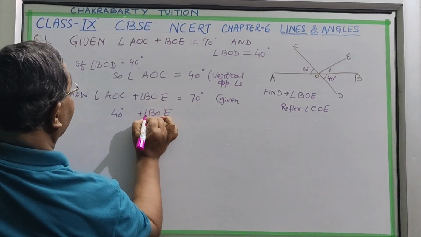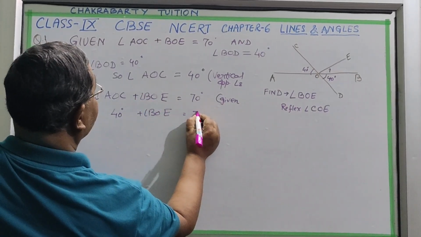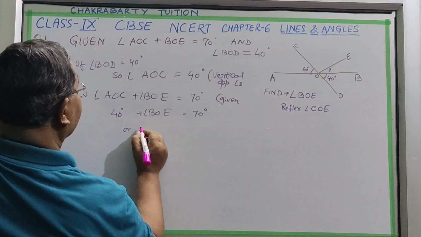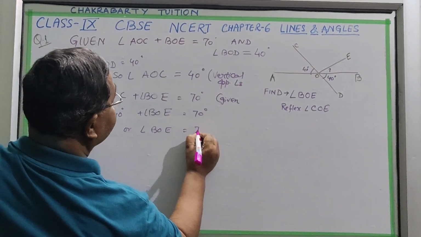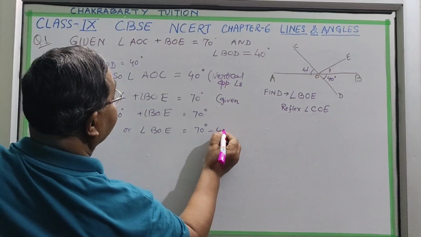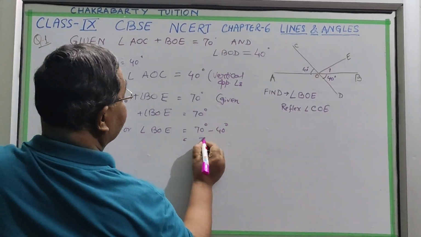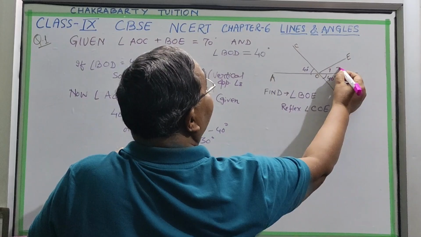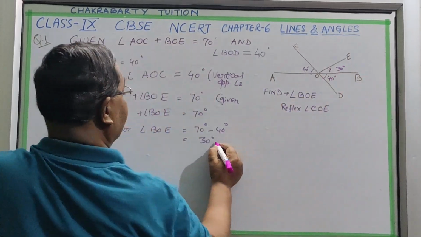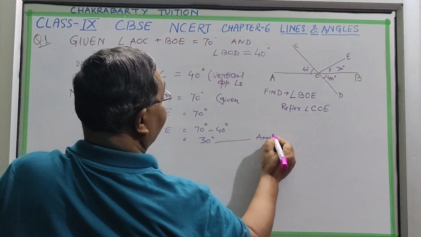Angle BOE will be 70 degrees minus 40 degrees equal to 30 degrees. So this BOE is now 30 degrees. This is answer one.